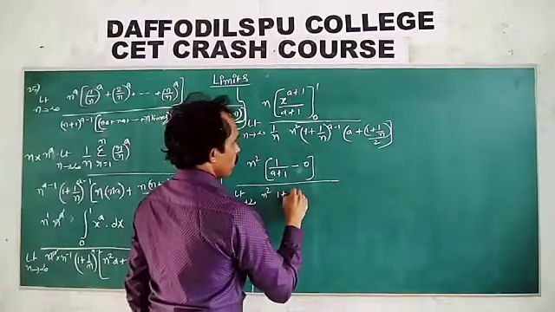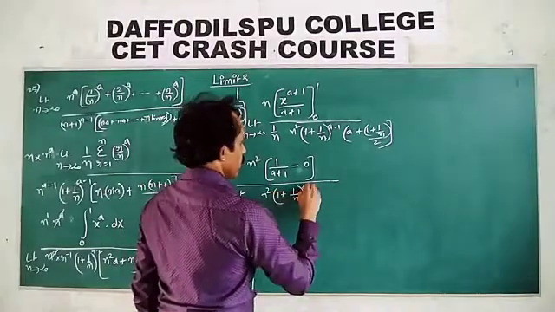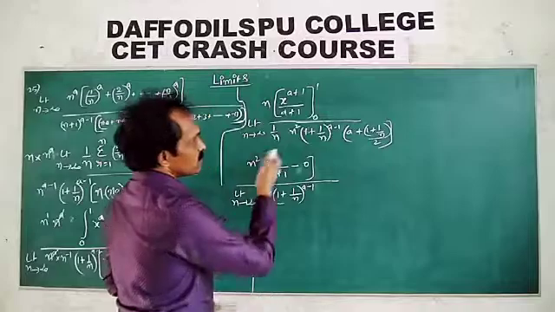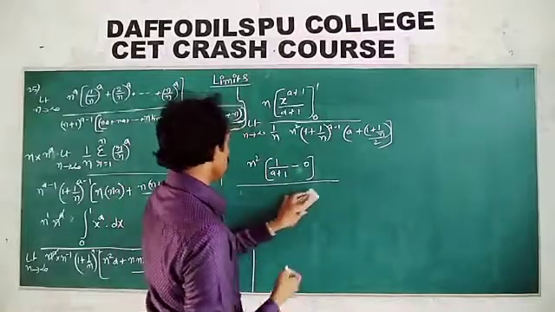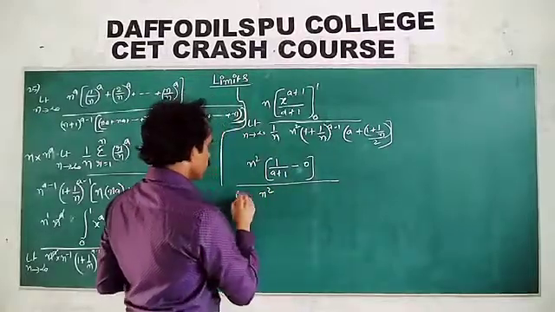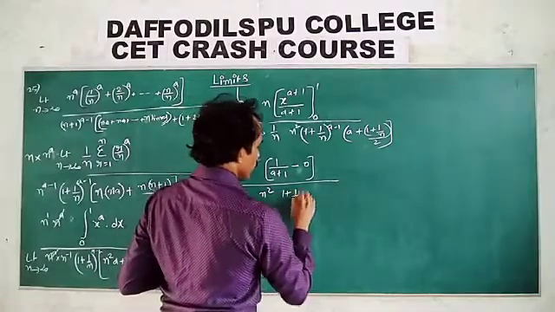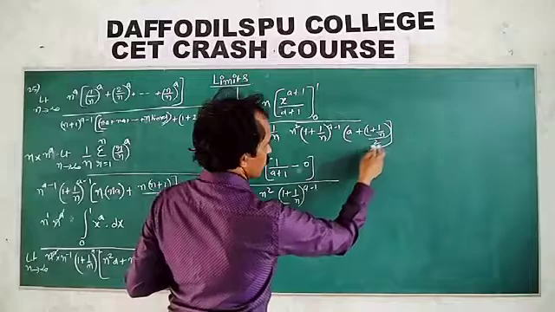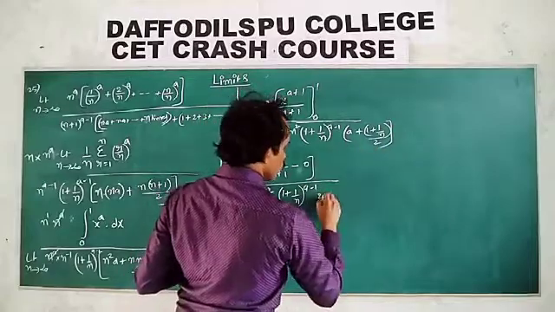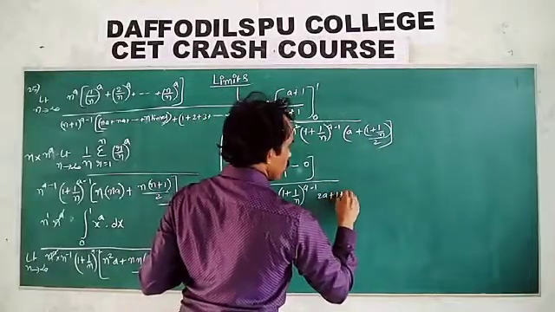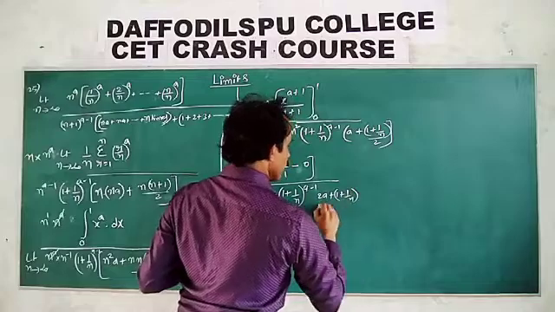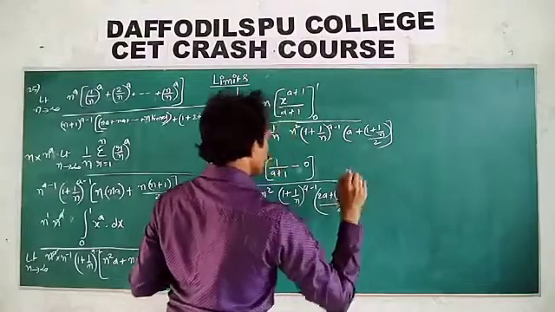Okay, 1 plus 1 by n a power minus 1, otherwise directly substitute. Okay, after cancellation, n square limit n tends to infinity 1 plus 1 by n a minus 1. So this value is equal to 2a plus 1 plus 1 by n divided by 2.